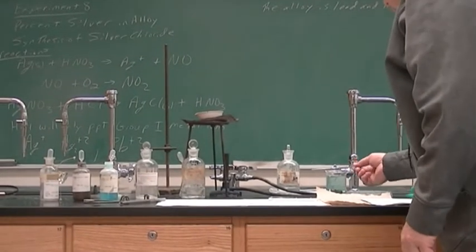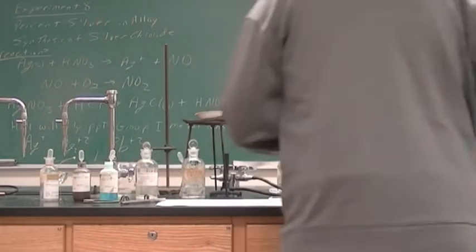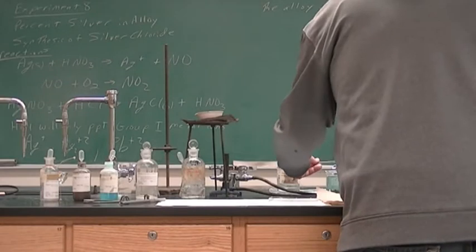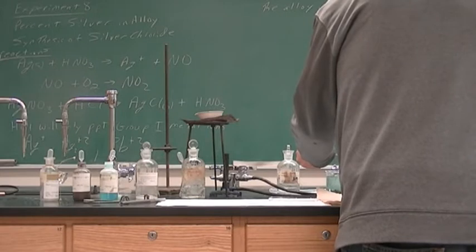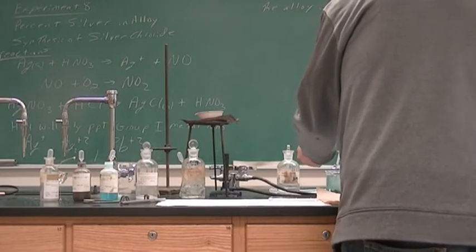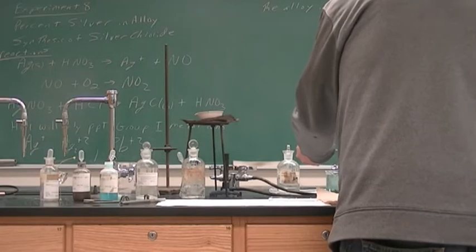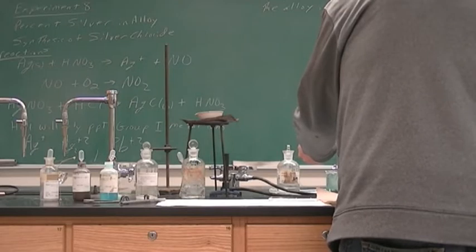All right, so I have my deionized water in the squirt bottle here, and so I can squirt down my copper, and I can see that it is still reacting, but it is a very, very small amount of silver that will remain in this solution.